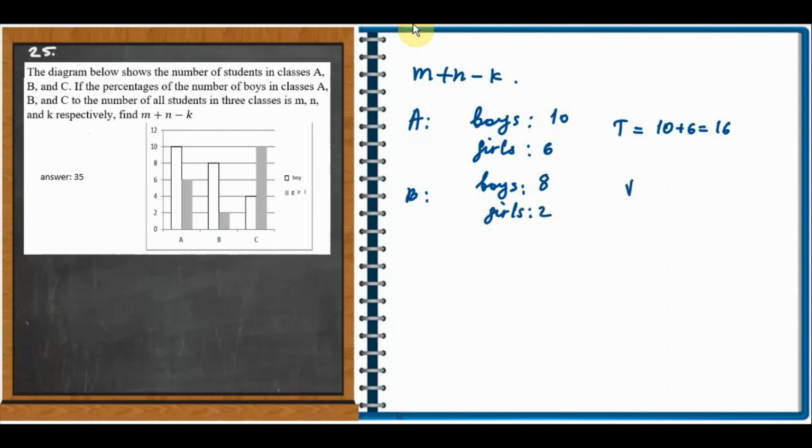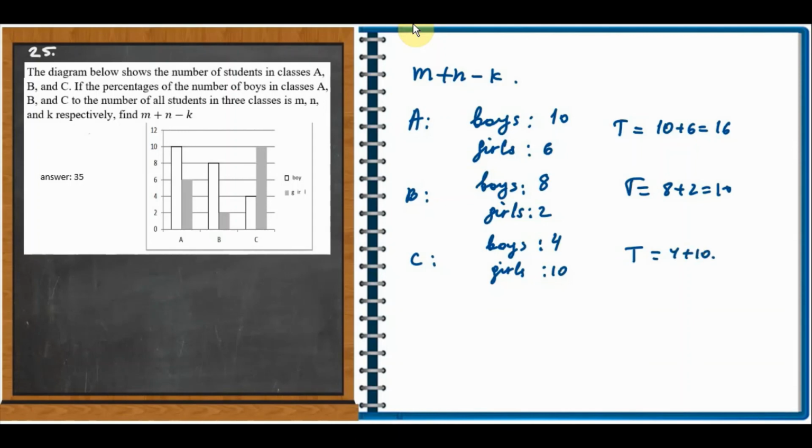Now the total will be 8 plus 2, equal to 10. In class C, the number of boys, oh sorry, that's not 10 boys, are the white rectangle, 4. That's 4 girls, it's 10. Now the total will be 4 plus 10.